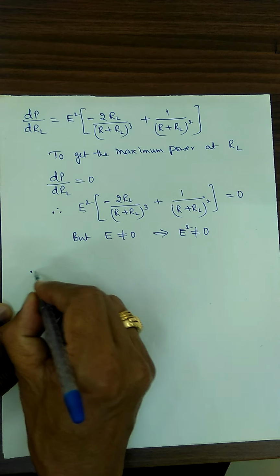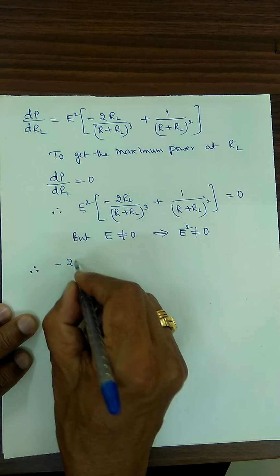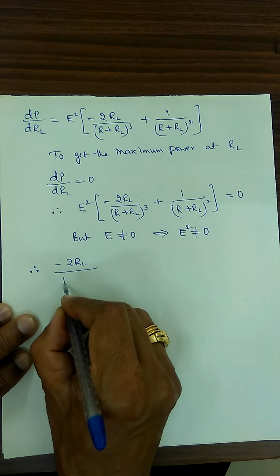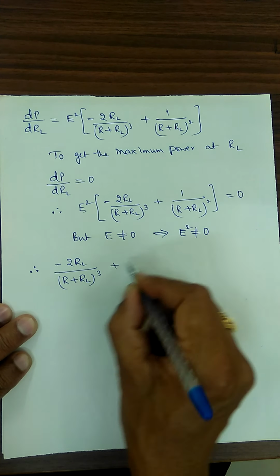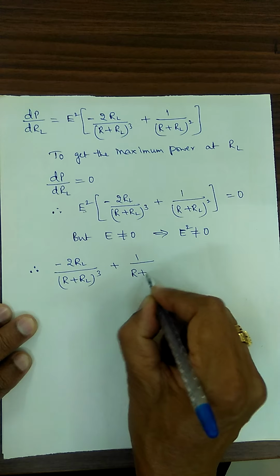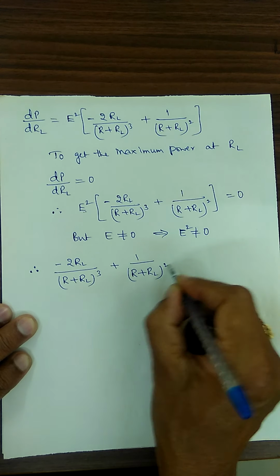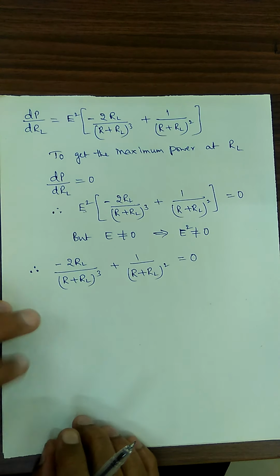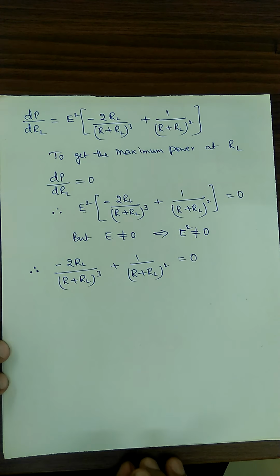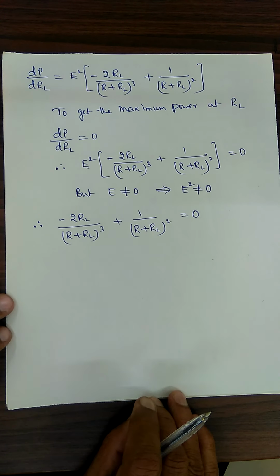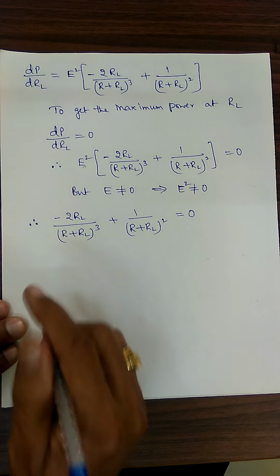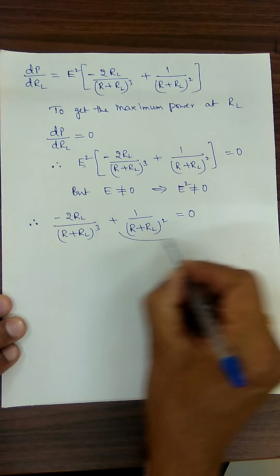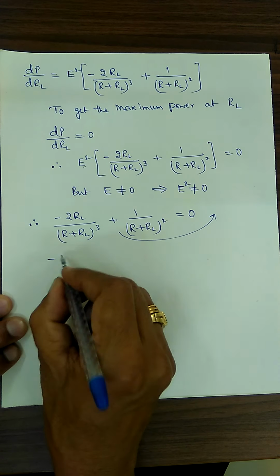equal to 0. Therefore, minus 2RL divided by (R plus RL) whole cube plus 1 divided by (R plus RL) whole square, it must be equal to 0. I said it must be equal to 0. Okay. So therefore, I will shift this one to the other side of the equation.